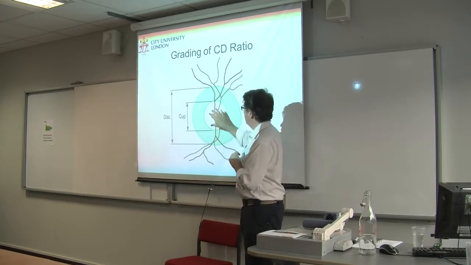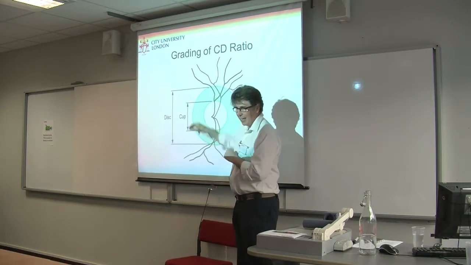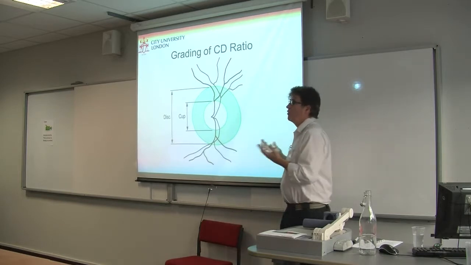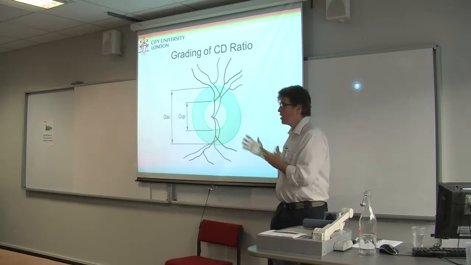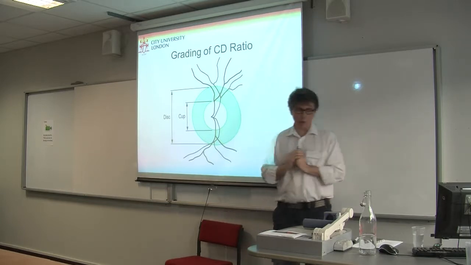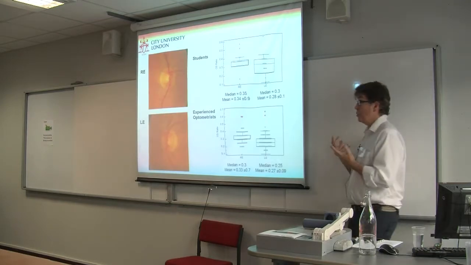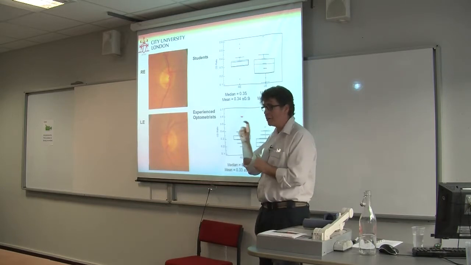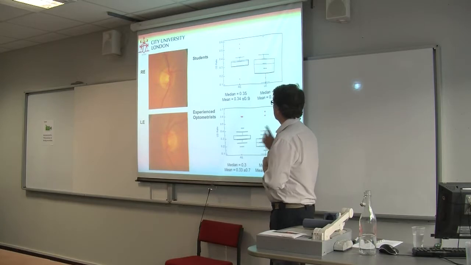If this cup was half the area of the bigger circle, that would be a CD ratio of 0.5, so essentially 50%. If it was roughly a third, that would be 0.35 in our grading system. So we wanted to see how good the students were at grading this really important clinical measure. And it's important in glaucoma because the higher the CD ratio, the greater the likelihood of them having the disease.